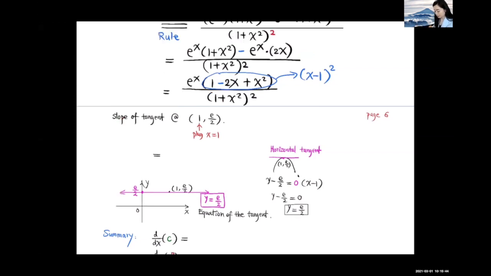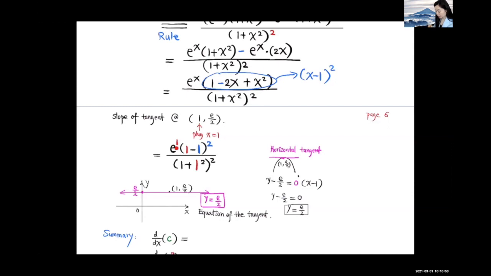Now we can find the slope of the tangent at this point by plugging in x equal to 1. So x coordinate is equal to 1, and this point is on the curve. So we plug x equal to 1 into the derivative here to find the slope of the tangent.